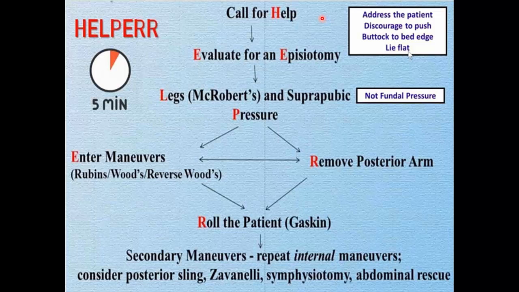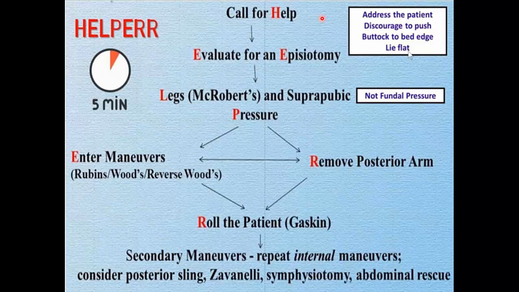Here it is very important to diagnose shoulder dystocia. So you do gentle traction for the head. If it is difficult to deliver the shoulder, this is shoulder dystocia. Or if there is prolongation of more than 1 minute between the delivery of the head and the shoulder, this is shoulder dystocia. So advise the woman to stop pushing, or discourage pushing.